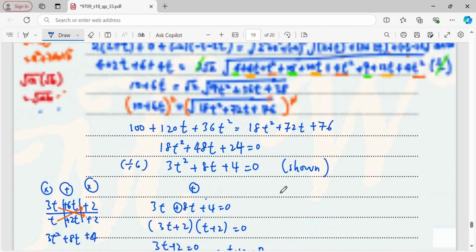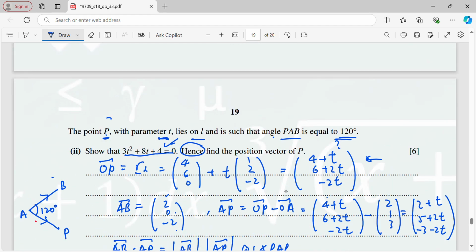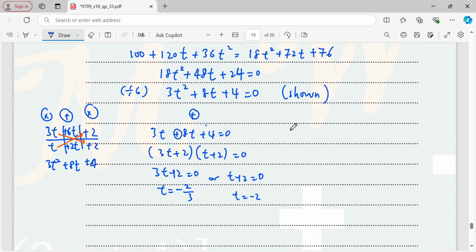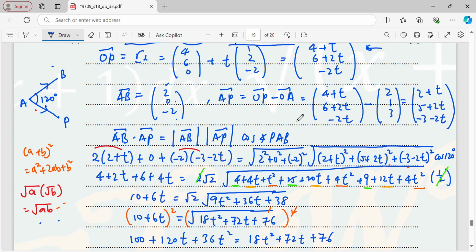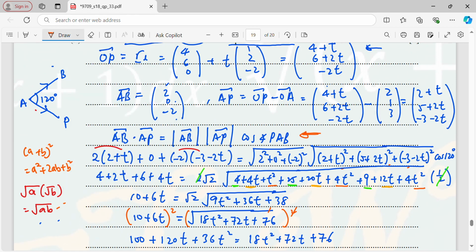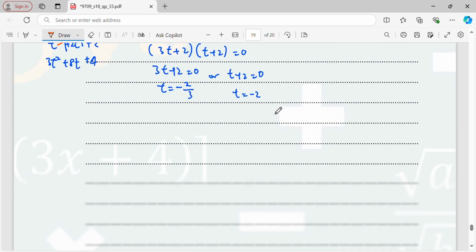But then when you look at the question, it says we need to find p, means 1 t, right? So here, find the position vector of p. So now I have to check which t that we need to accept. Now, it's okay. You can check using this scalar product formula. So which means I need to find out what is my AP first. So I will substitute my t value into this vector, 2 plus t, right?